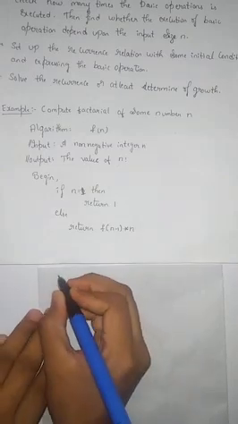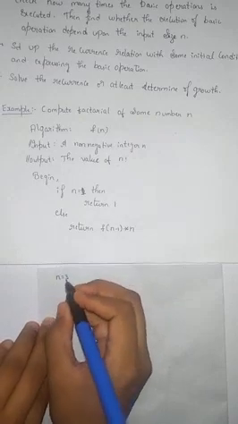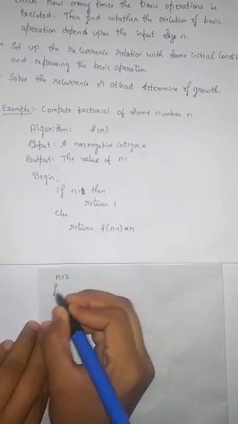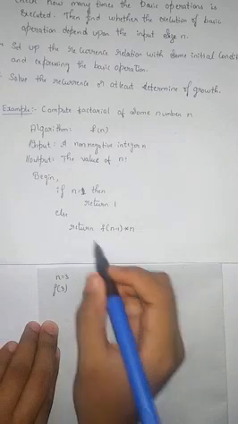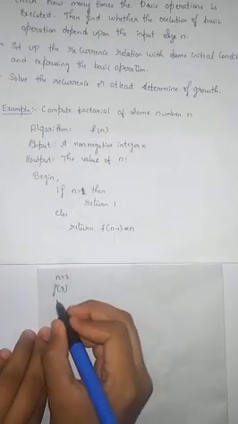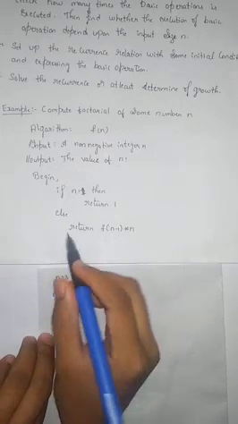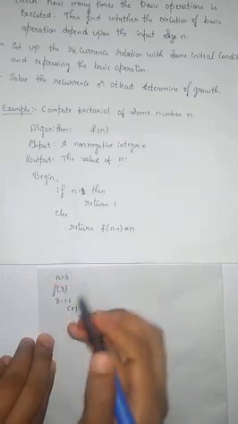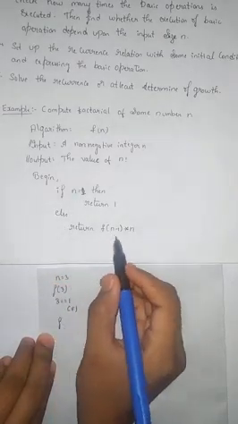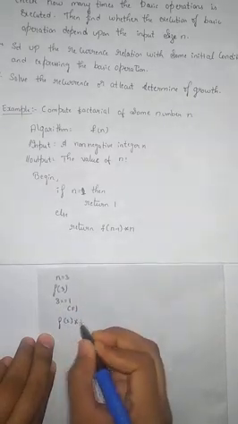Take the example f of n for n is equal to 3. For f of 3, we need to check whether n is equal to 1, which means, is 3 equal to 1? No. So it will move to the else condition. There we compute f of n minus 1, which means 3 minus 1 is 2, into n, which is 3.